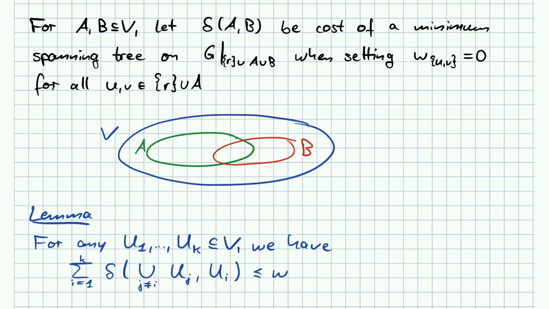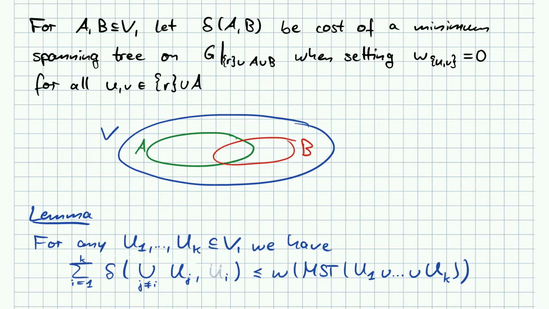This is at most the weight of a minimum spanning tree on the union of U1 through UK. So this is a little more complicated than what we have here, because now we might have, well, let's start with two sets, U1 and U2. Then this would look something like this, where we wanted to connect B to A. But then we are also considering the reverse situation where we want to connect A to B.